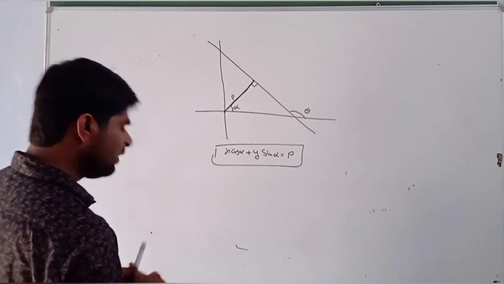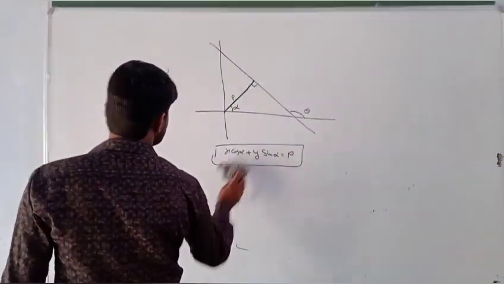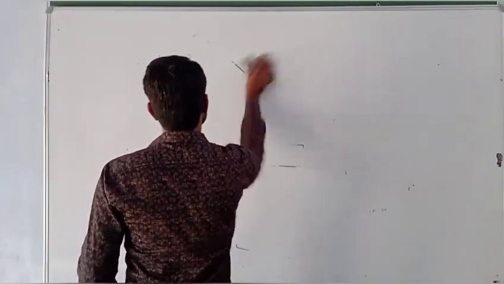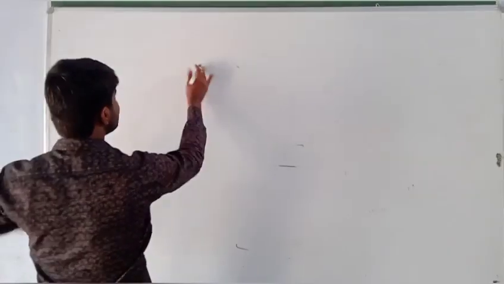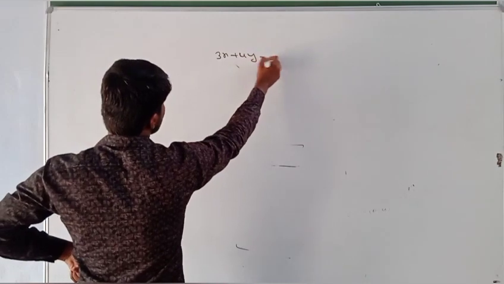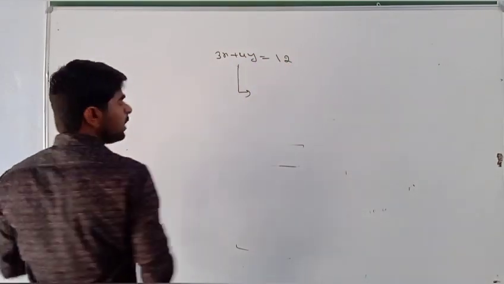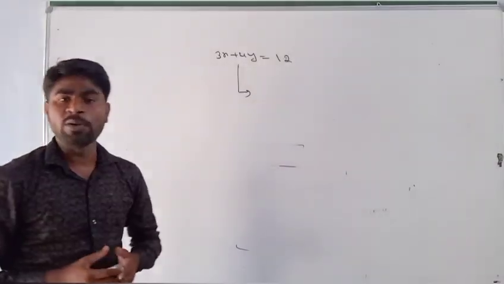Now we will start how the questions will come. These forms are interchanged into one another. Like the general form is 3x plus 4y equals 12. Now what do you want to find out? You want to find the slope of that line.